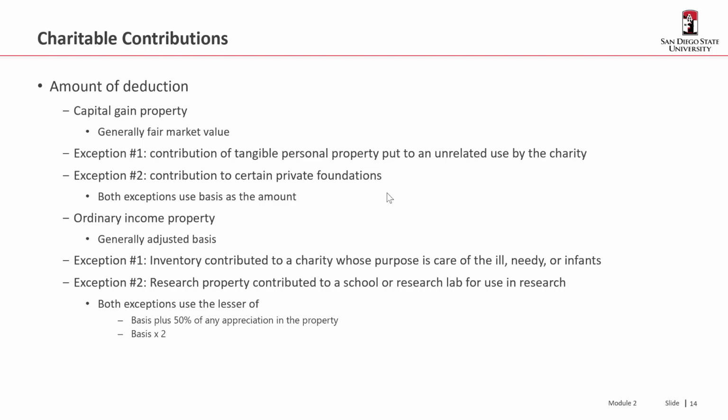If a corporation contributes inventory to a charity whose purpose is care of the ill, needy, or infants, or they contribute research property to a school or research lab for use in research, then the amount of the deduction is the basis plus 50% of any appreciation in the property, or double the basis, whichever is lower. So you calculate both of those items, and the amount of the charitable contribution deduction is the lower of those two.